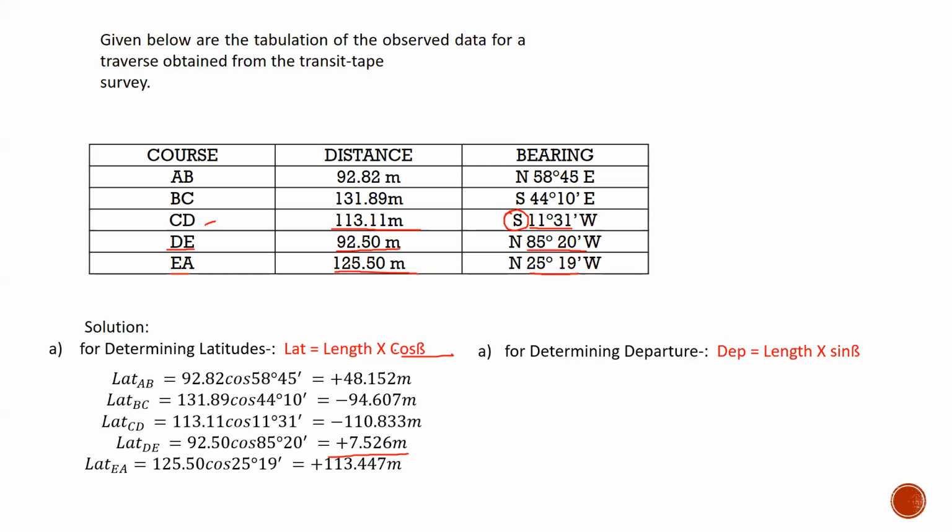Now let's compute for the departure. For the departure, that is length times sine of the bearing. So 92.82 meters times sine of the bearing, 58 degrees 45 minutes.